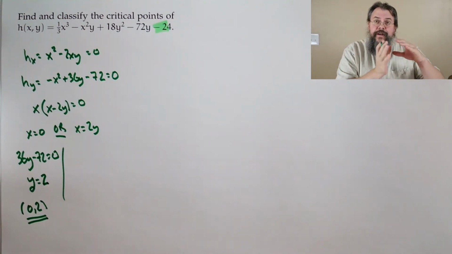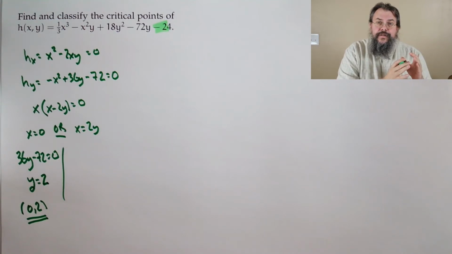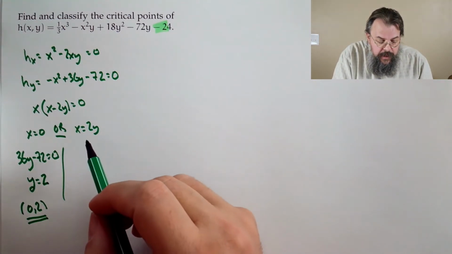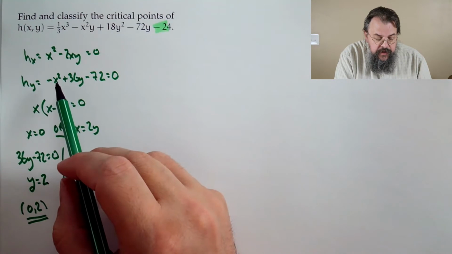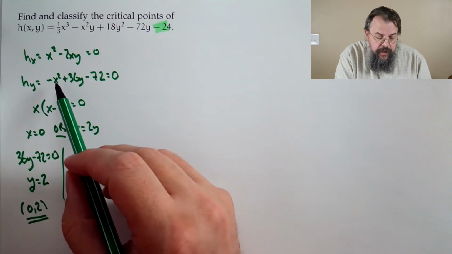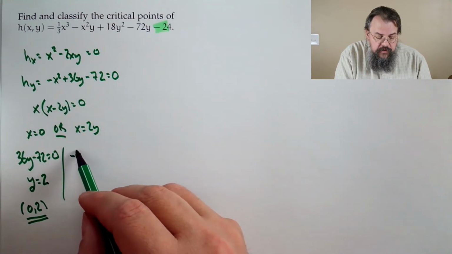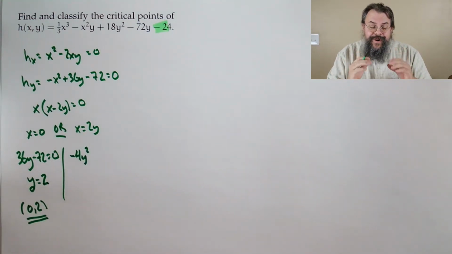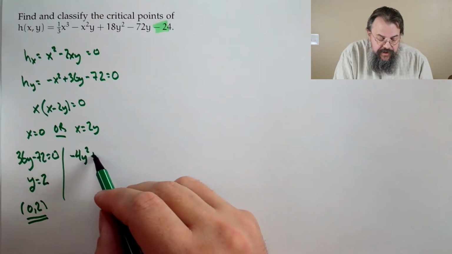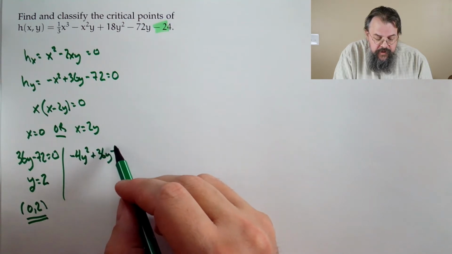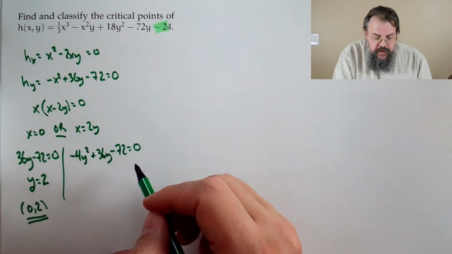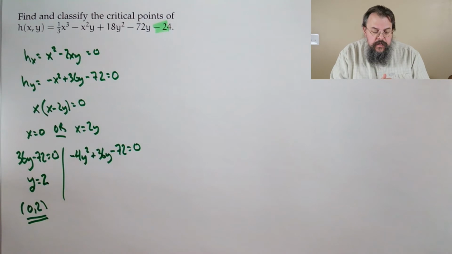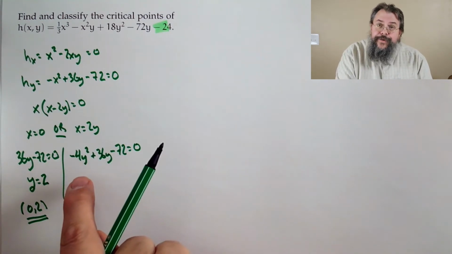Now, what if x equals 2y? Okay, so now we're going to go down the other option. If x equals 2y, we come down here and say, okay, well, replace x by 2y. So we get minus 4y squared, because that's what would happen if you squared 2y, plus 36y minus 72 equals 0. Well, let's make this leading coefficient 1.